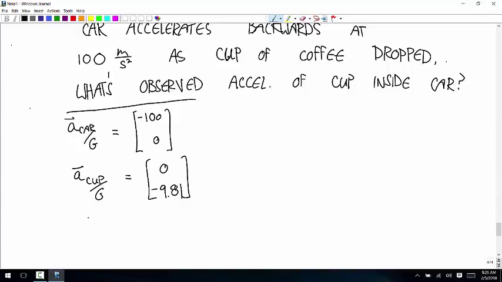And so now the relative motion equation says acceleration of the cup relative to the ground is equal to the acceleration of the cup relative to the car plus the acceleration of the car relative to the ground.